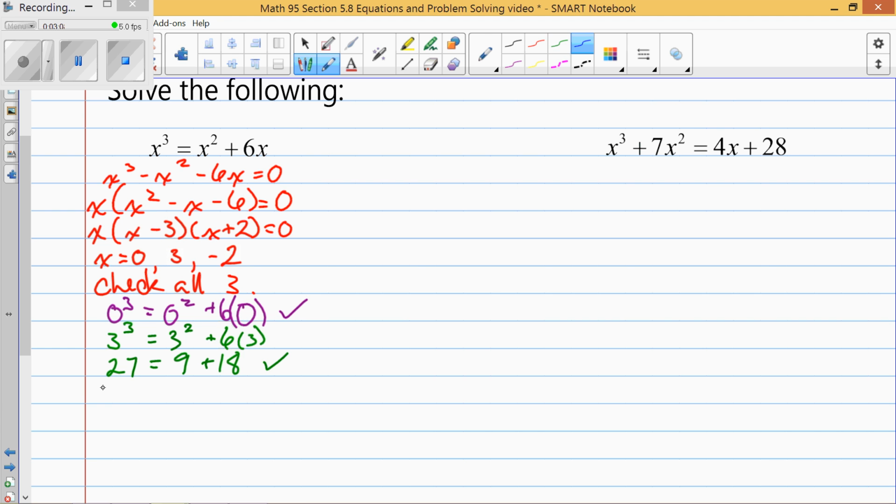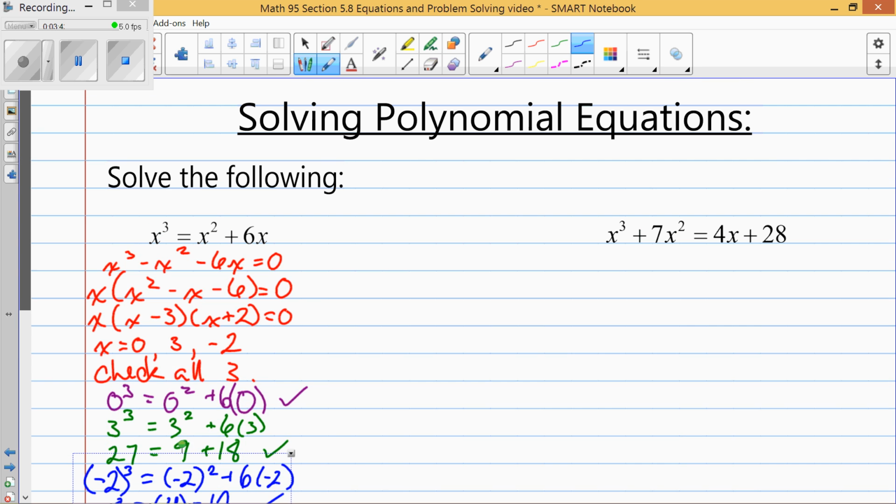And finally, negative 2. Negative 2 to the third should equal negative 2 squared plus 6 times negative 2. Negative 2 to the third power gives me a negative 8, which should equal a negative 2 squared gives me a positive 4, and then 6 times negative 2 is a minus 12. 4 minus 12 equals negative 8, and we have correctly solved this equation.